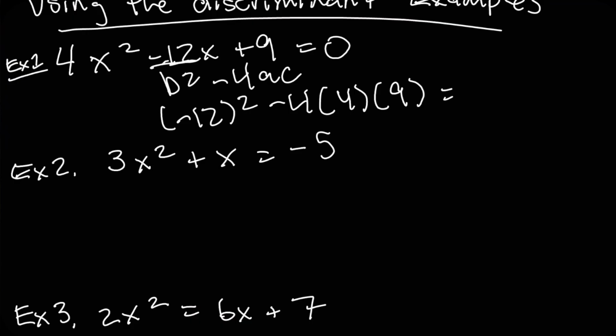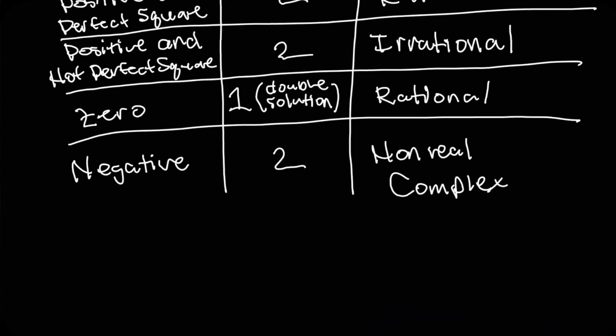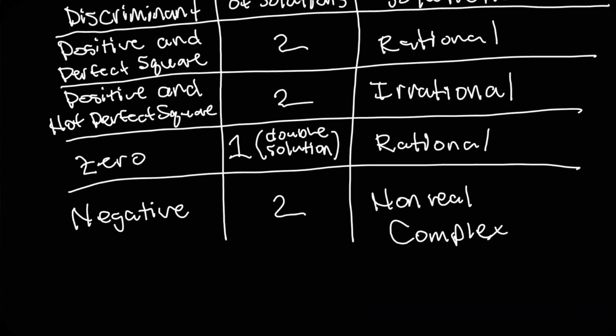That gives us 144 minus 144, which is equal to 0. And if we said that it was 0, remember we'll have one double solution or one distinct rational solution.